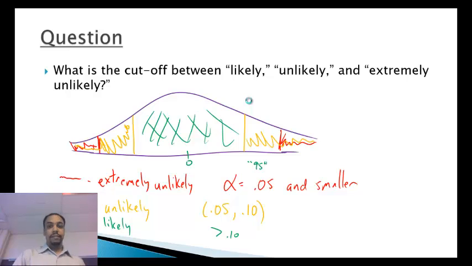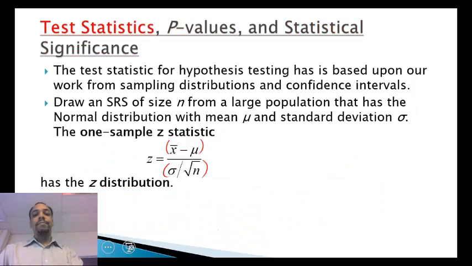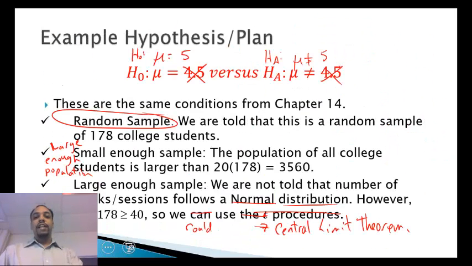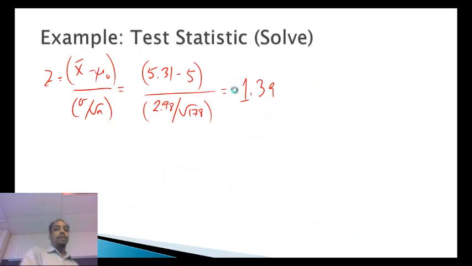So it's a likely value. Let's fast forward. If I took another sample of 178 people, the sample mean could be 5.29 or 5.10 or 5.40, but it's still in the neighborhood of 5, which is our guess, what our classmates gave us. So 1.39 is our test statistic.